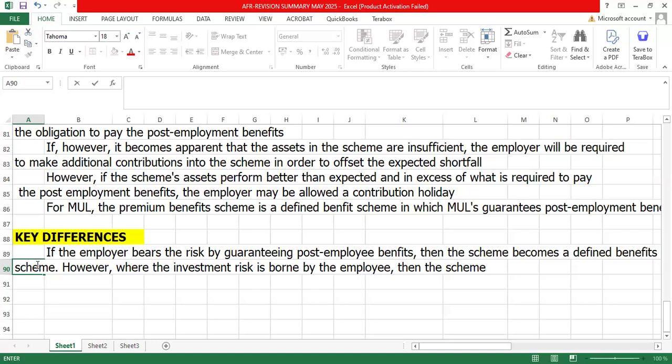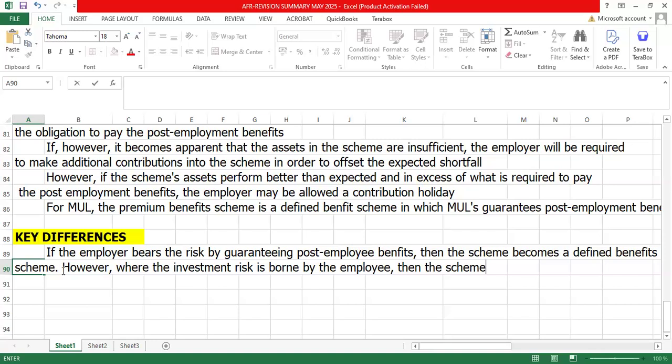NSSF has invested your money. So who bears the risk? It's you, the investor, not NSSF. Because if the investment has not performed well, it's your money that is going to be affected.